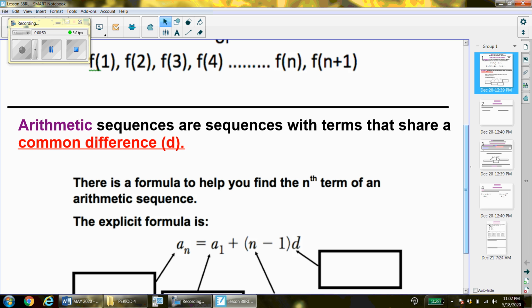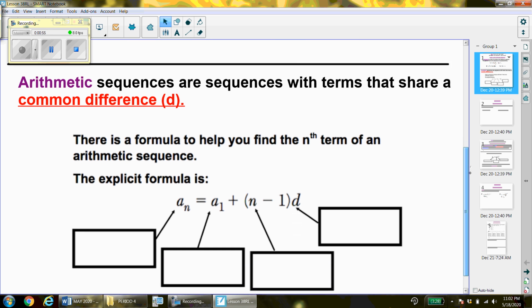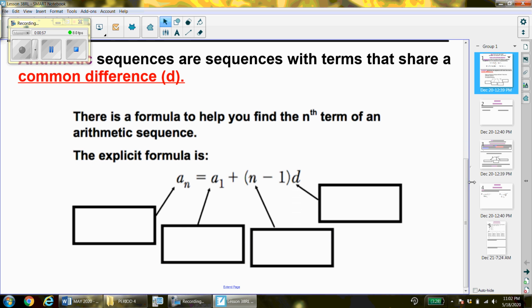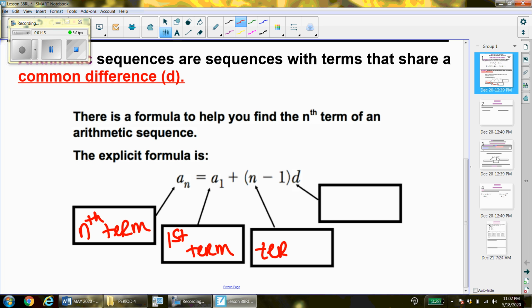There's a formula to help you find the nth term of an arithmetic sequence, and that explicit formula is A of n, which is the nth term, A of 1, which is the first term, n, which is the term that they're looking for, and d is your common difference.